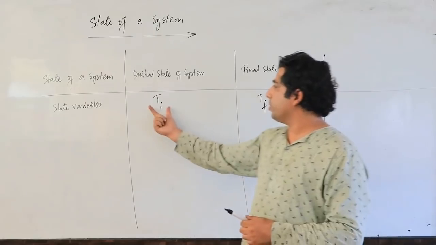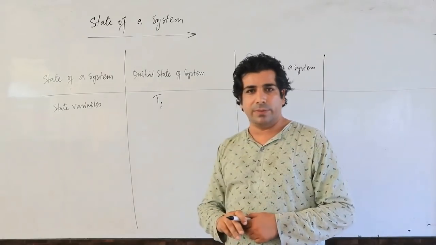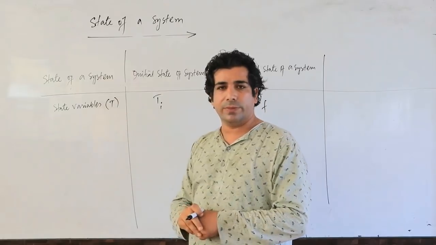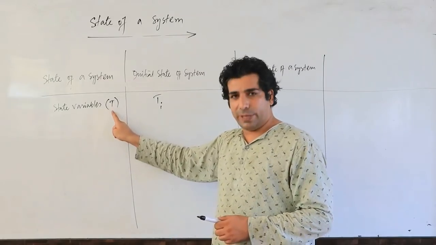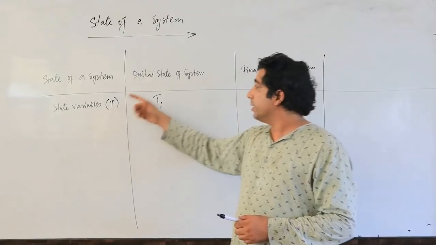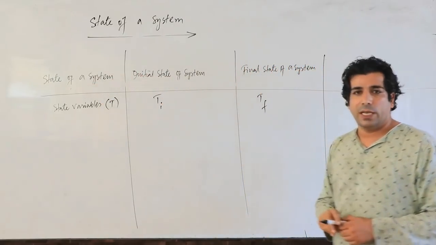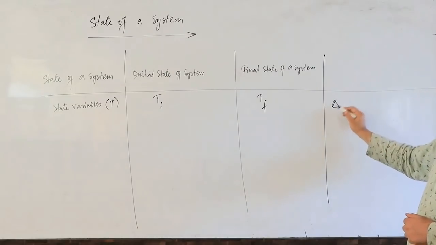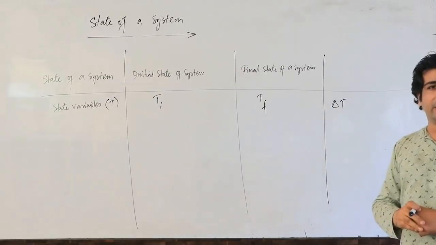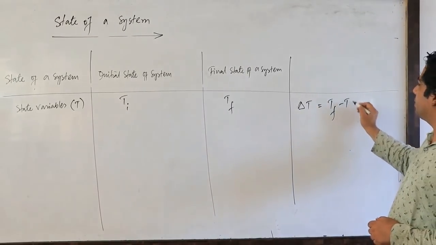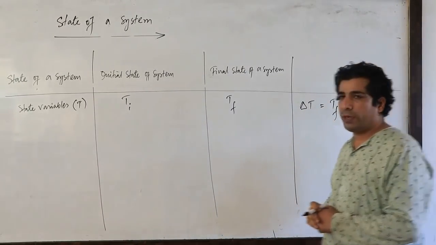So temperature is a state variable. Because when you are changing the temperature, the state of the system will also change from initial to final. And the total change in the temperature will be given by Tf minus Ti.